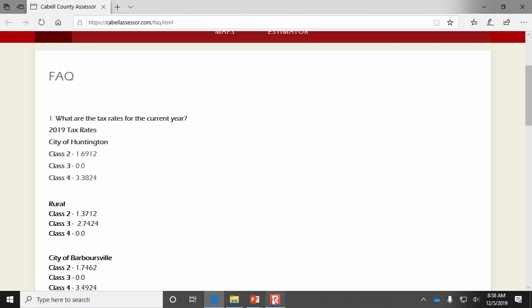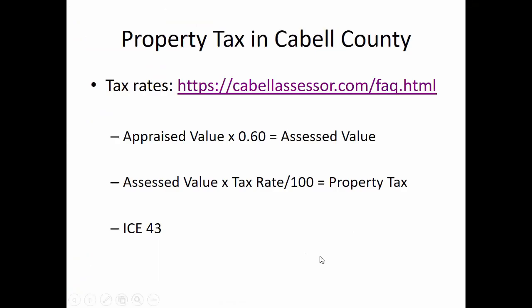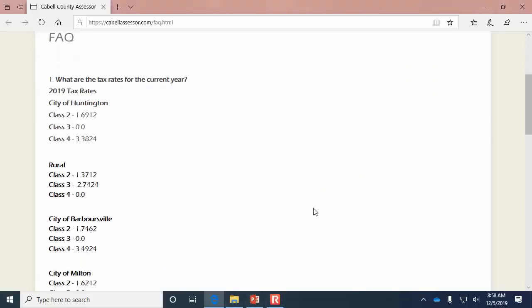The next part of the bullet point says, what if it's located in the city of Huntington instead of in a rural area? The same $200,000 property now is in Huntington and it's rented out, so it's class 4. If we go to the city of Huntington, their class 4 tax rate is 3.3824.